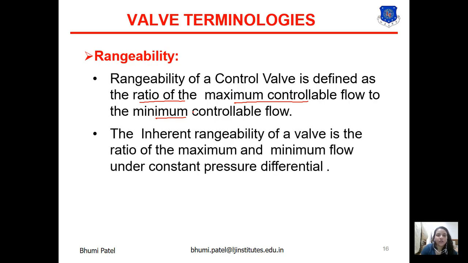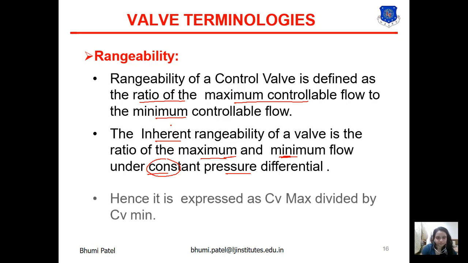Now the inherent rangeability of the valve is the ratio of maximum and minimum flow under constant pressure difference. Whenever the pressure difference is constant and we get the ratio of maximum to minimum flow, this type of rangeability is called the inherent rangeability.